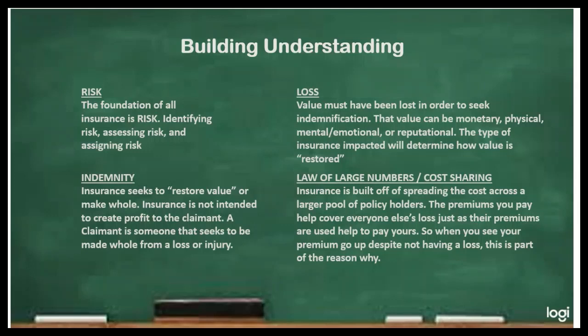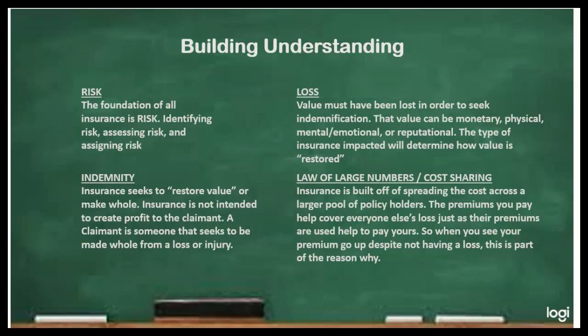So this is where your premiums come into play, where if you had a loss, I'm going to use the Altima again, and the damage to your car is $10,000, you may have a hard time finding $10,000 to fix your car.